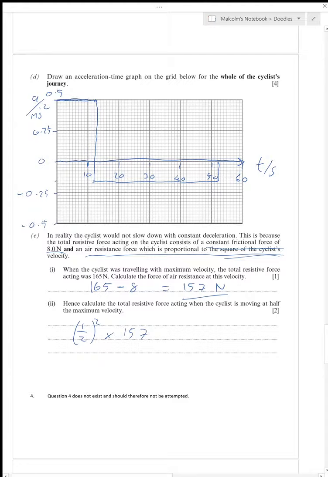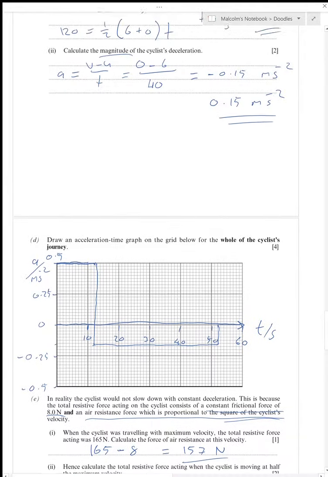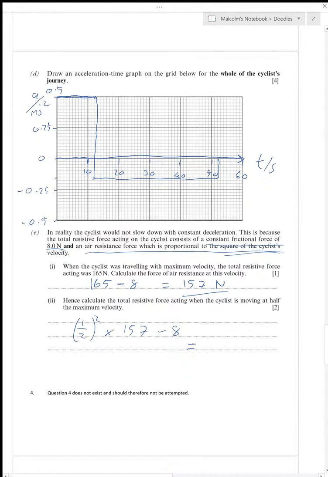Then I need to add back in the constant frictional force of 8 newtons. And I'll plug that one into the calculator. Which gives me 47.25, and I'm going to give my answer to two significant figures because everything else here is to two sig figs. So 47 newtons. Question 3 done.